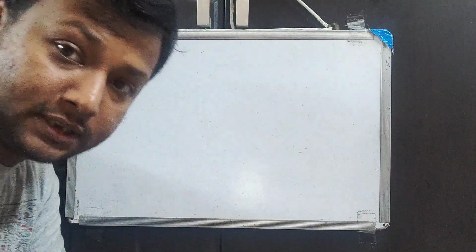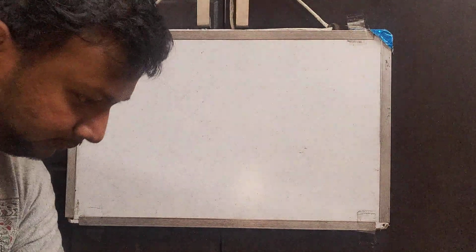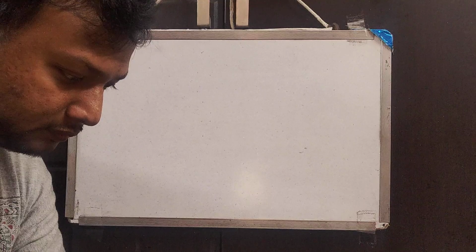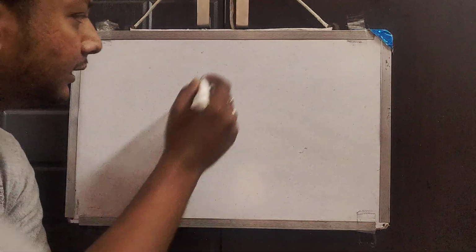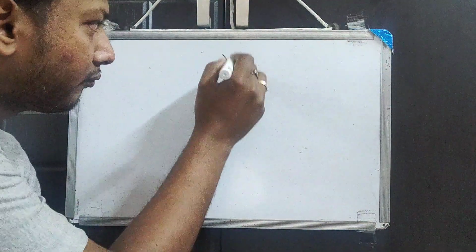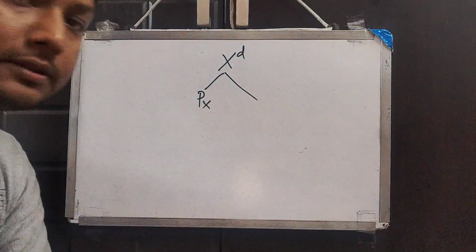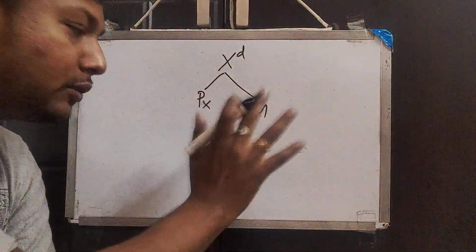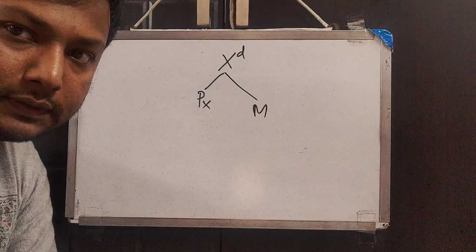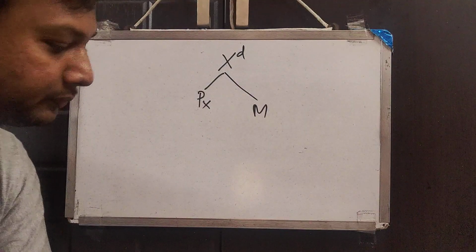Now the question is, why are these assumptions necessary? Now let us consider that demand is dependent on price of the commodity and income of the consumer. Let us suppose that there are only two determinants of demand, that is price and income.